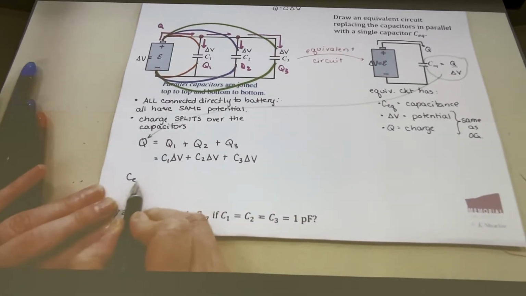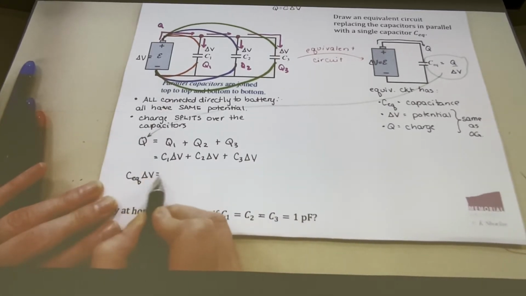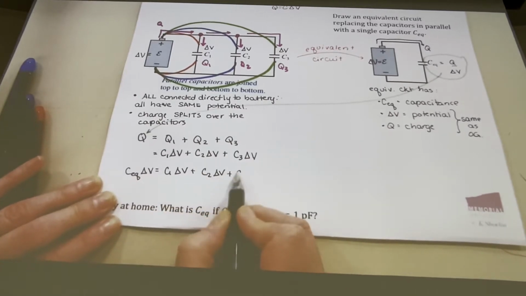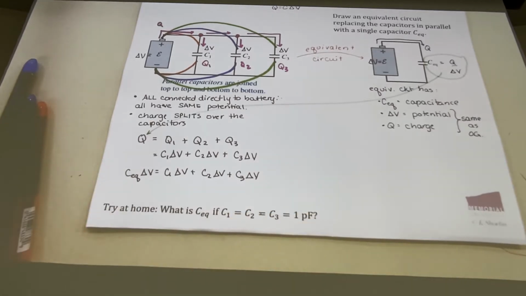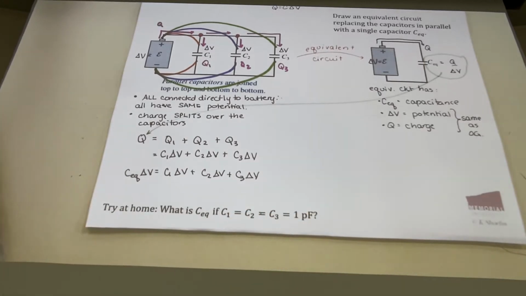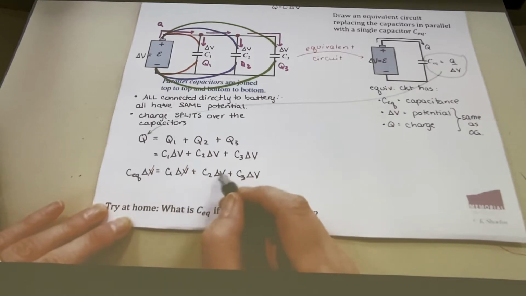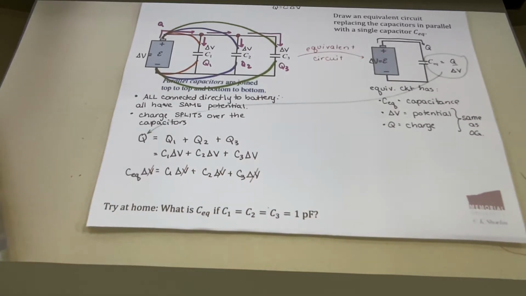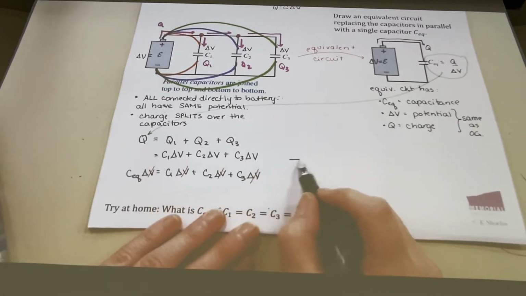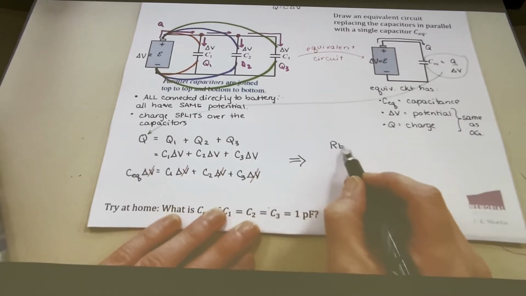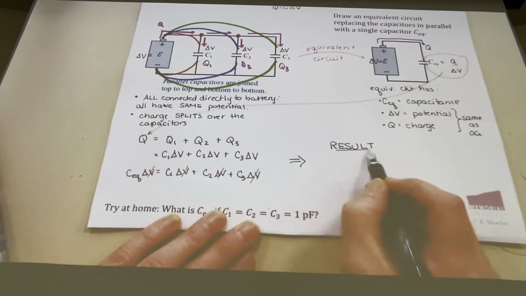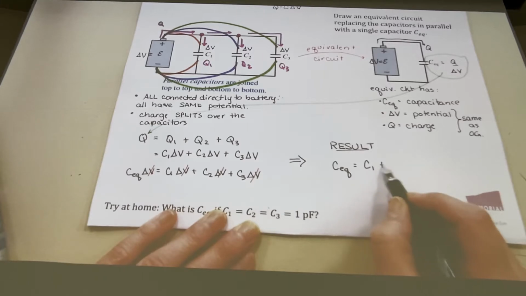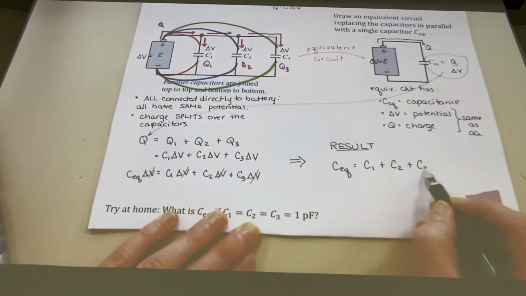So C equivalent times delta V is C1 delta V plus C2 delta V plus C3 delta V. We notice we have delta V in all terms on the right and the left-hand sides. You can divide through by delta V and see that they cancel. And that leaves us with the result. C equivalent for capacitors connected in parallel is C1 plus C2 plus C3.